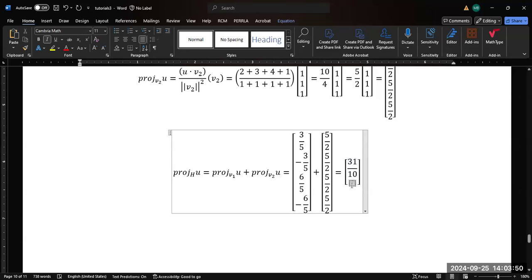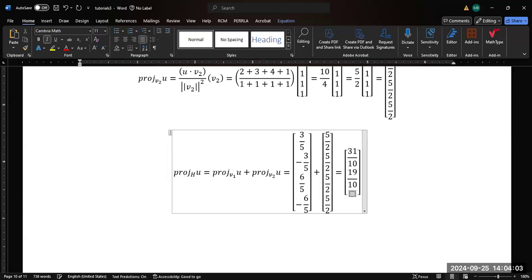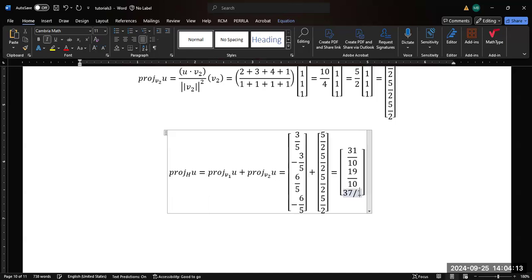Sorry about that. Let's try this again. Negative 3 divided by 5 plus 5 divided by 2 is going to be positive 19 over 10. And then 6 divided by 5 plus 5 divided by 2 is going to be 3.7 or 37 over 10.